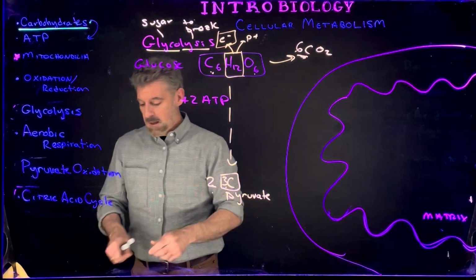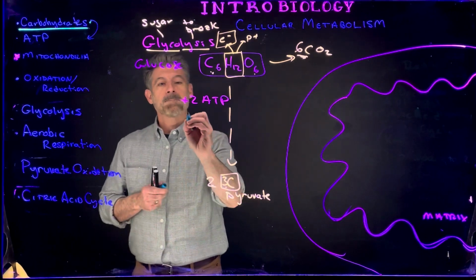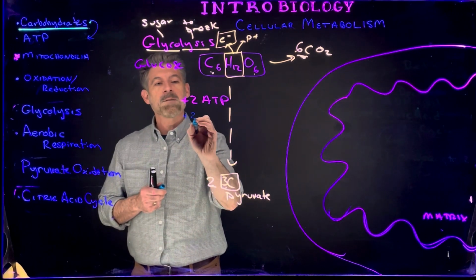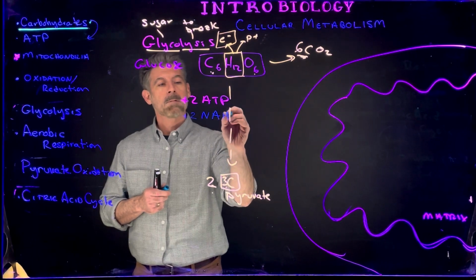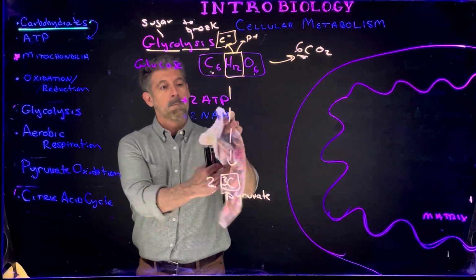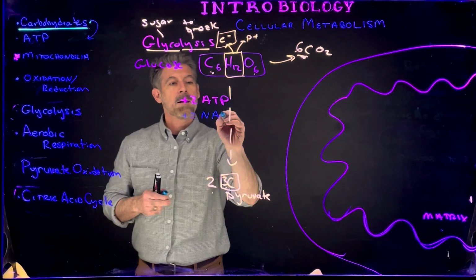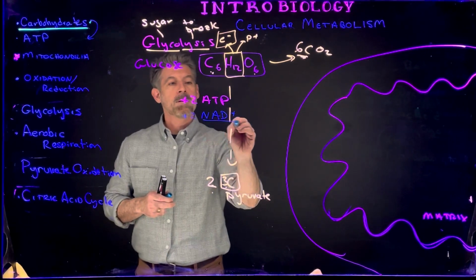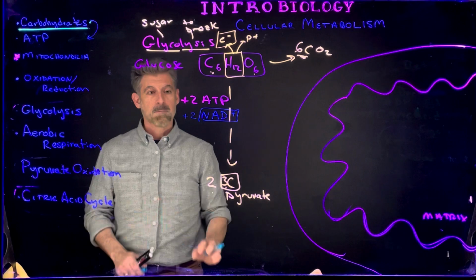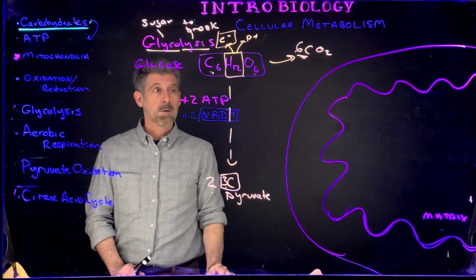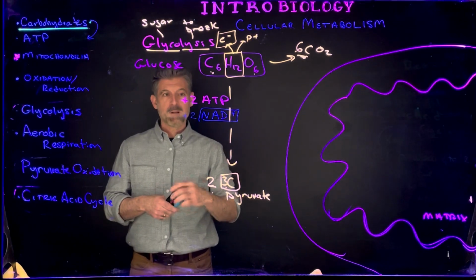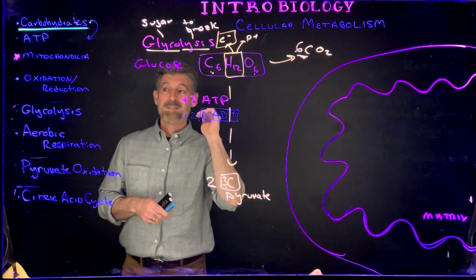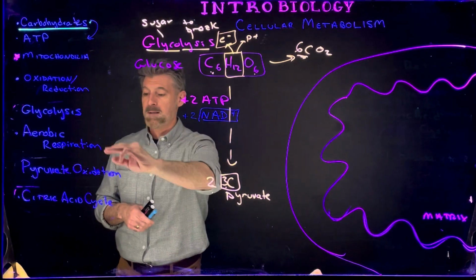It also is going to use another molecule that I'm going to point out here for a specific reason, because it's going to keep coming back. It's called NAD+, and we need 2 of these for glycolysis as well. And this is related to fermentation. It's related to other sorts of things you may get into in other classes, but it's also what we're going to follow through all the processes.